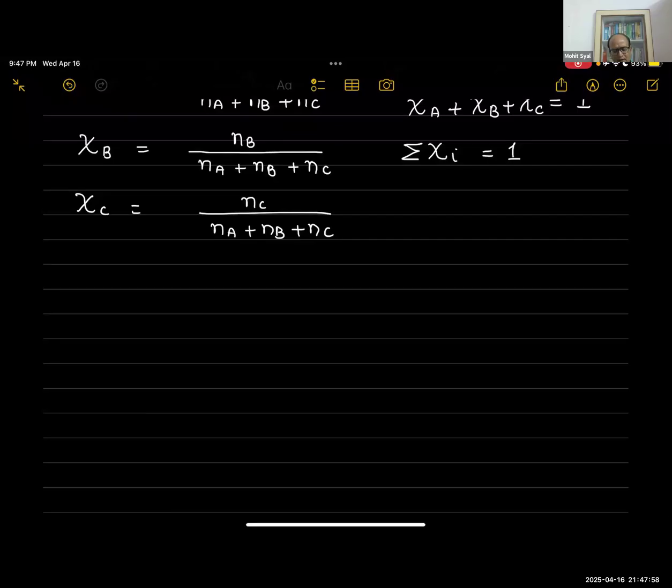So let's do a very simple question. For example, I take 4 grams of hydrogen and 4 grams of helium mixed together. You need to tell me the mole fraction of hydrogen.